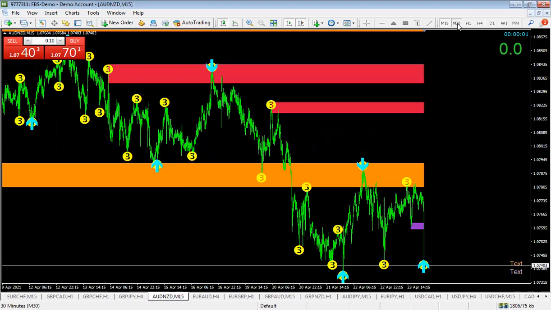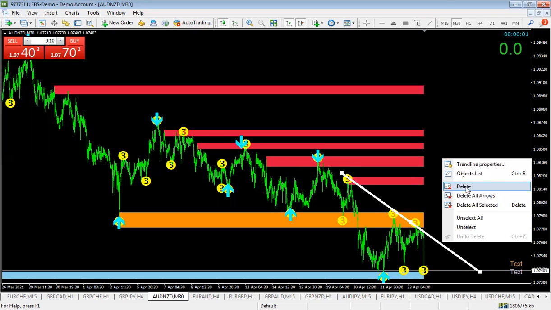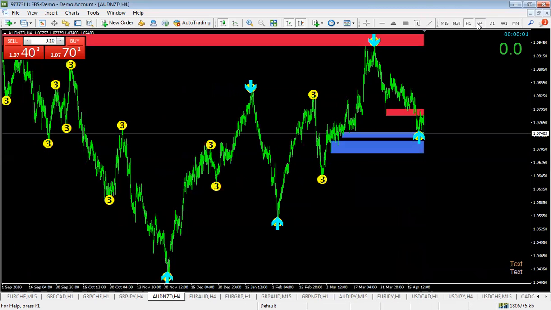If this one breaks here, it will run right up here, but it's not a head and shoulder as I want it. If you draw that neckline there, right? If it breaks here, it will run through, but that's not the kind of head and shoulder I want us to trade.